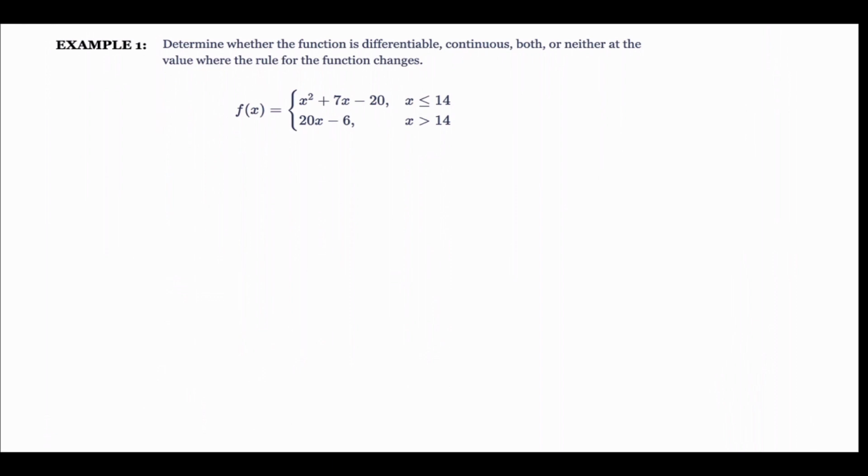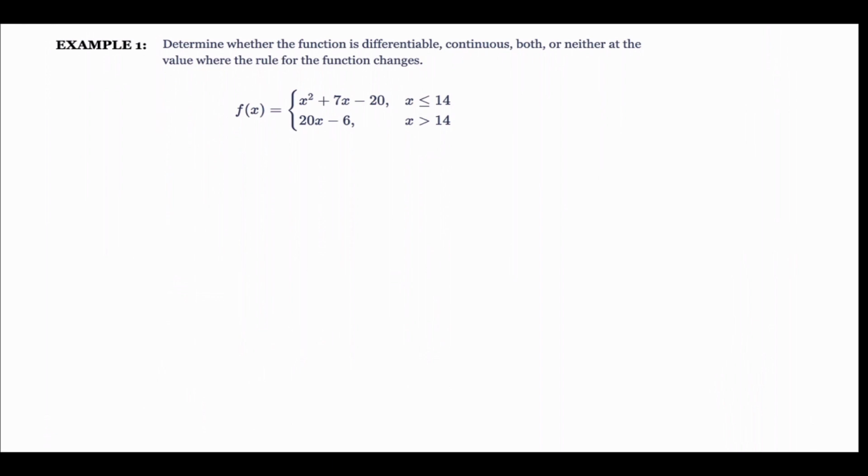Well, there's only one spot where there could be an issue with continuity and differentiability, right? There's only one spot. That's at 14, because that's where the function changes, right? Everything 14 and below, I use x squared plus 7x minus 20. Everything bigger than 14, I use 20x minus 6, okay?